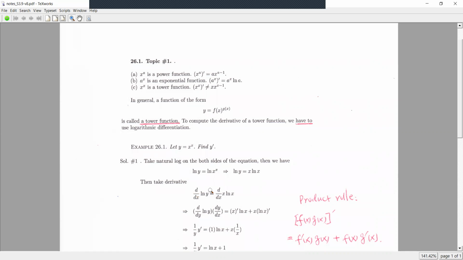By the chain rule, I write this derivative as the product of these two derivatives. To compute the derivative on the right-hand side, I use the product rule because the function is x times natural log of x, a product. By the product rule, this derivative is this. So I have this equation.